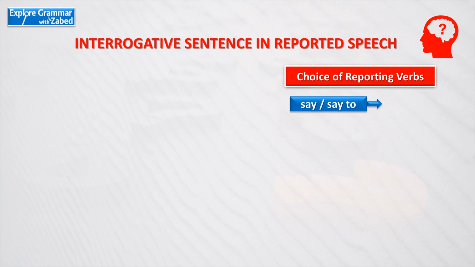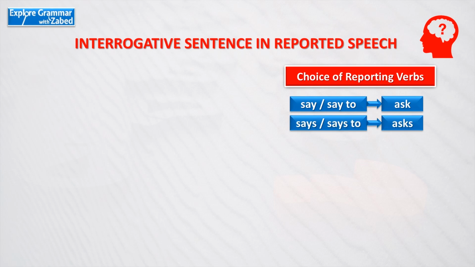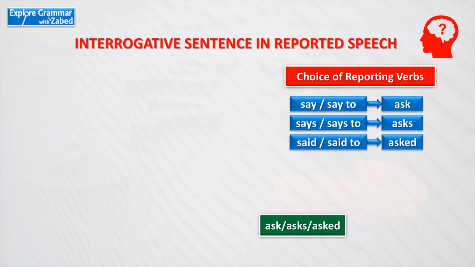Say or say to becomes ask. Says or says to becomes asks. Said or said to becomes asked. Ask, asks or asked remain the same. Instead of the reporting verb ask, sometimes we even use inquire, suggest, inform, wanted to know, etc.